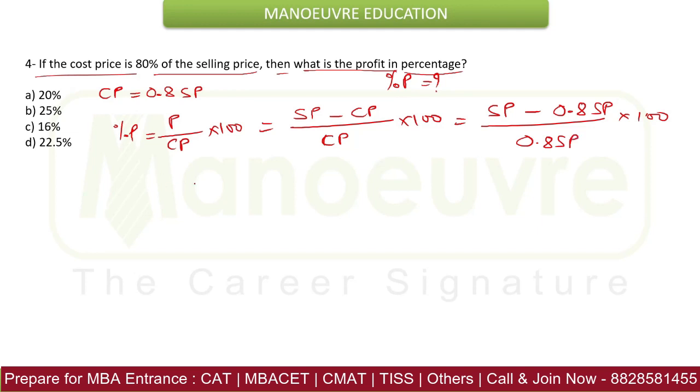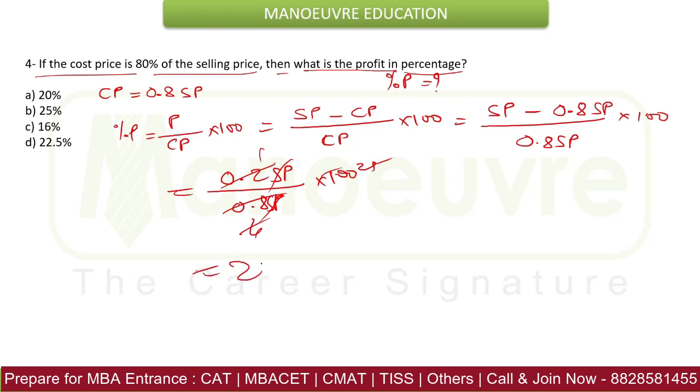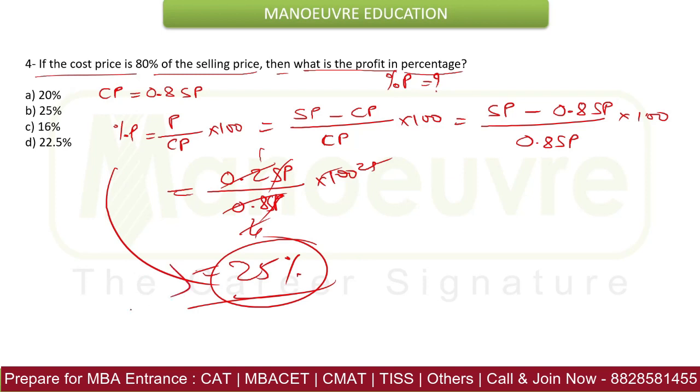So that will be 0.2 SP divided by 0.8 SP into 100. So it will be 2 by 8, it will be 1 by 4, this will be 4 25, so that will be 25%. So profit percent is 25. Option B will be the answer over here.